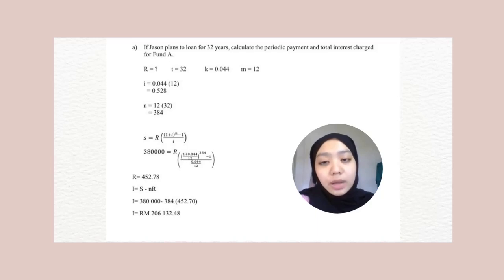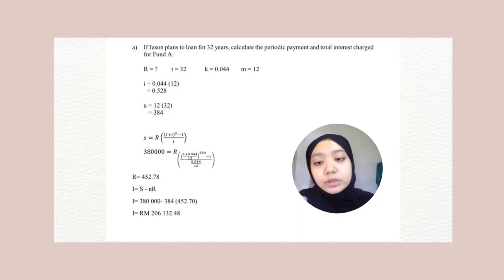So, I found that T equals 32, K equals 0.044, M equals 12, and we don't know the value of R. The value of i is 0.044 divided by 12, while the value of n is 12 multiplied by 32, equivalent to 384.